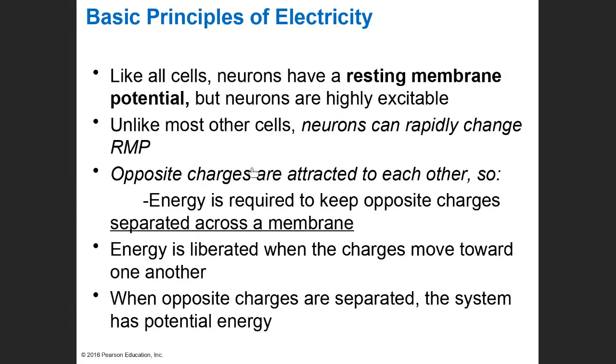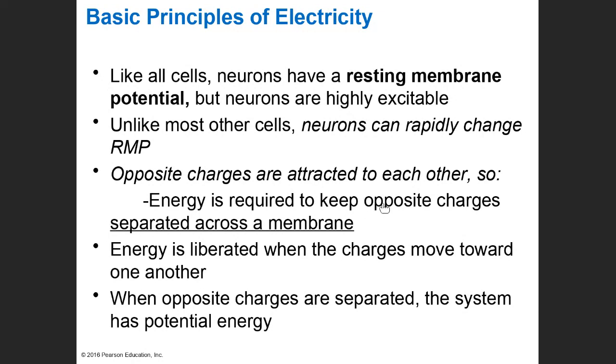Now, opposite charges are attracted to each other, right? And what are we talking about? Ions. We're talking about charges that are attached to ions. And you already know, we talked about it way back in chapter 2, that opposite charges are attracted to each other. The thing is, energy is required to keep these ions from going towards each other.